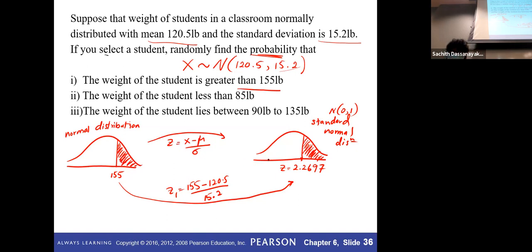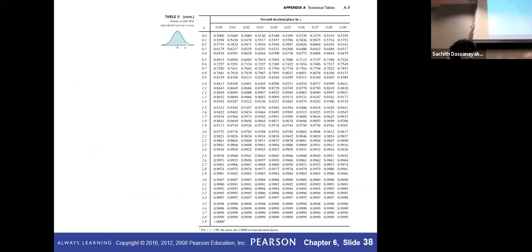Now you can find the area belonging to this value using your standard normal table. So the z value is given, and you have to find the area. Since the z value is positive, I have to check the second table.